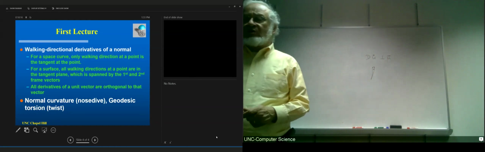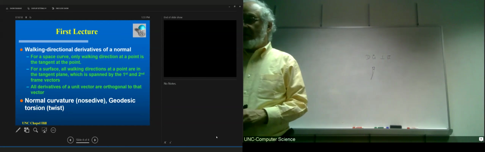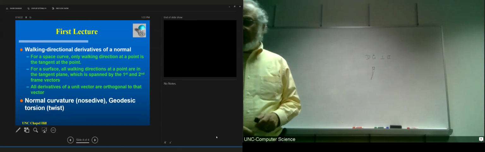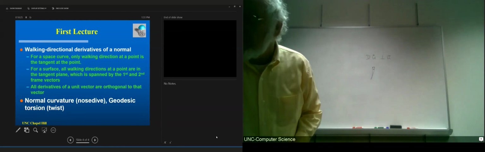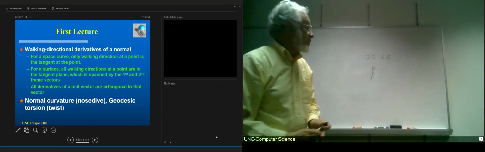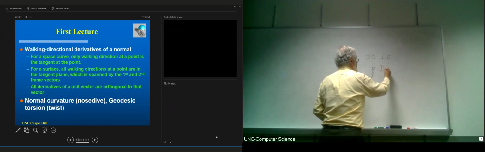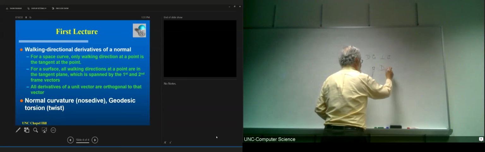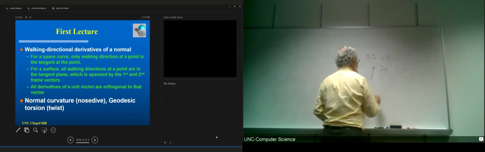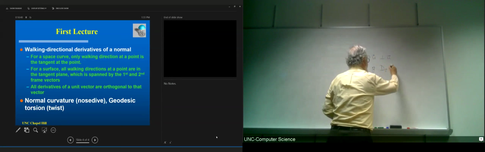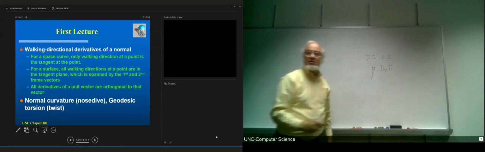And since the normal is a unit vector, as we walk along the surface, the derivative of the normal, I'm going to write sometimes this: the derivative for some walking direction v on the surface of the normal.